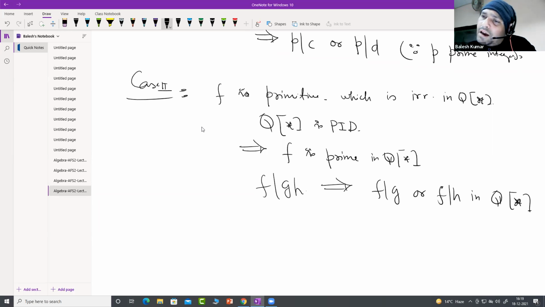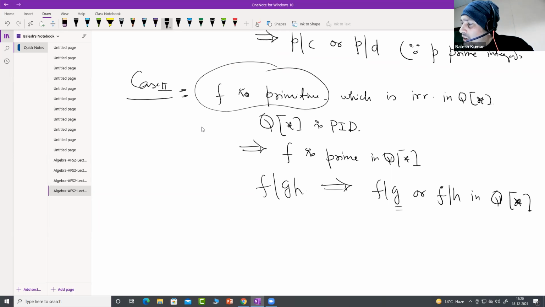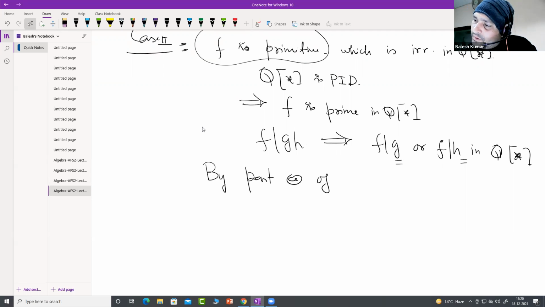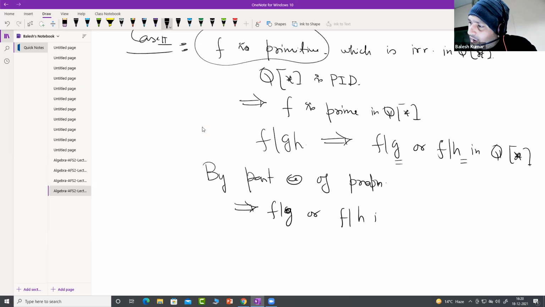Now you use the fact that f is primitive and g and h have integer coefficients, and this divisibility happens in Q[x]. Therefore by part A of the proposition, f divides g or f divides h in Z[x] as well.